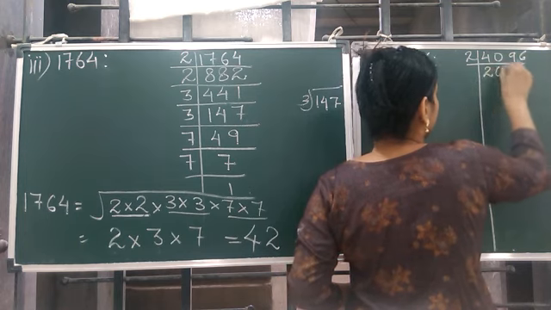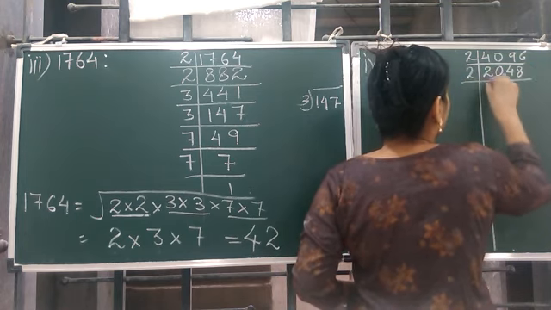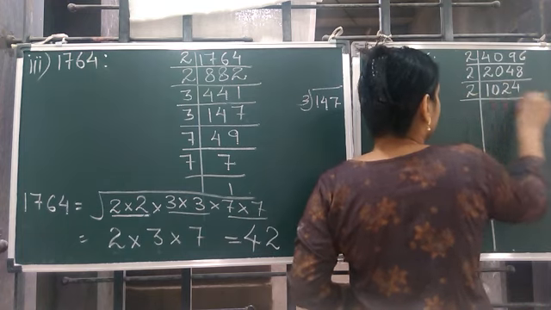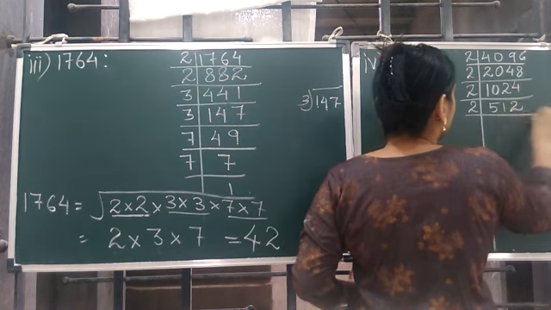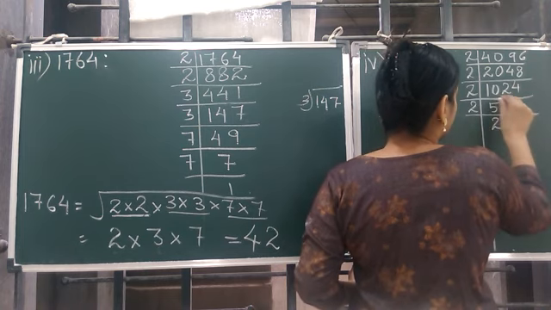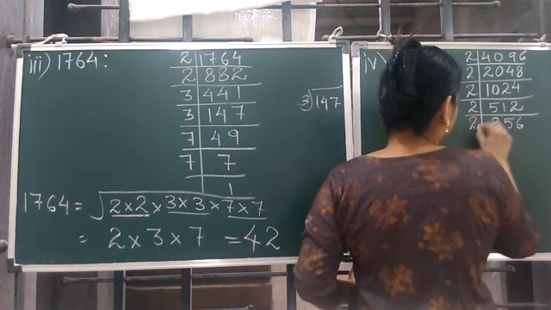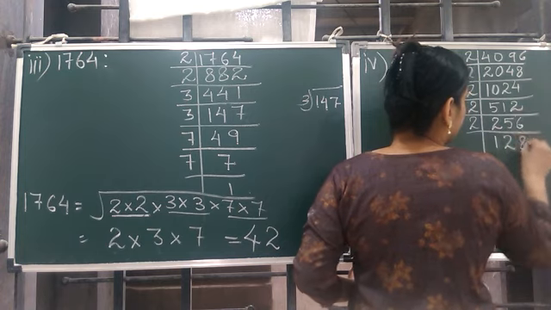2 2s are, 2 0s are, 2 4s are, 2 8s are. Still it will go by 2. 2 1s are, 2 0s are, 2 2s are, 2 4s are. Still it will go by 2. 2 5s are 10, 2 1s are, 2 2s are. Still it will go by 2. 2 2s are 4, 2 5s are 10, 2 6s are 12. Still it will go by 2. 2 1s are, 2 2s are, 2 8s are 16.